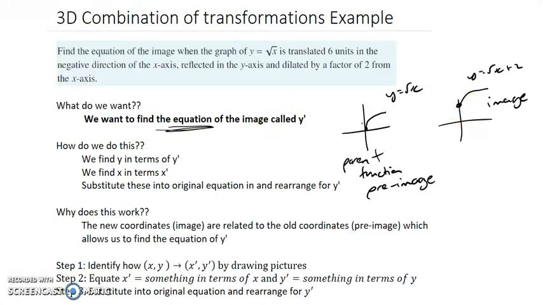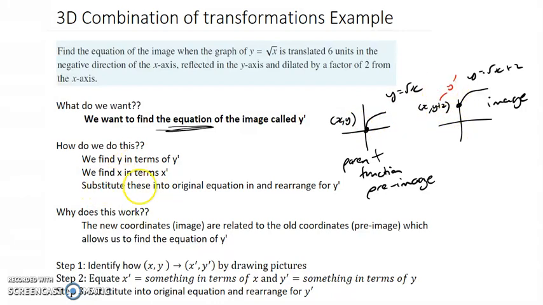Now, it works because what we do is we keep track of how the coordinates have changed throughout the process, and they're related in some way, okay? So y dash in this case is y plus 2. So y dash is written in terms of the old coordinate system of y, or the pre-image stuff, so y plus 2.